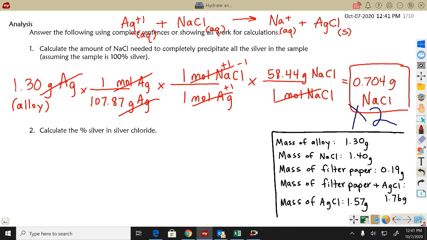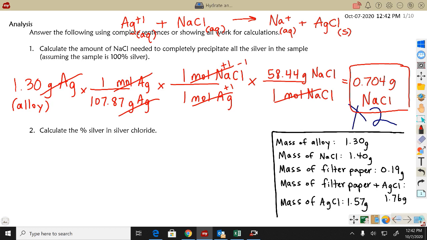So assuming that the dime was all silver, we did a little stoichiometry to figure out how much sodium chloride we would need to completely react 1.3 grams of silver. And from there, the most important thing was to know that it was a 1-to-1 ratio. We calculated about 0.7 grams of sodium chloride, which was already excess chlorine, because that 1.3 gram sample was not all silver.